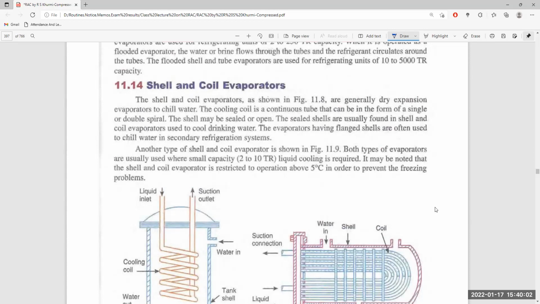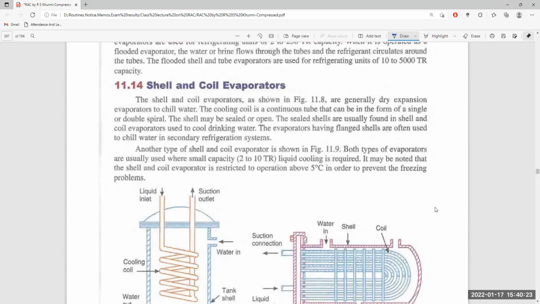Shell and coil evaporators, as in the figures, are generally dry expansion evaporators to chill water.